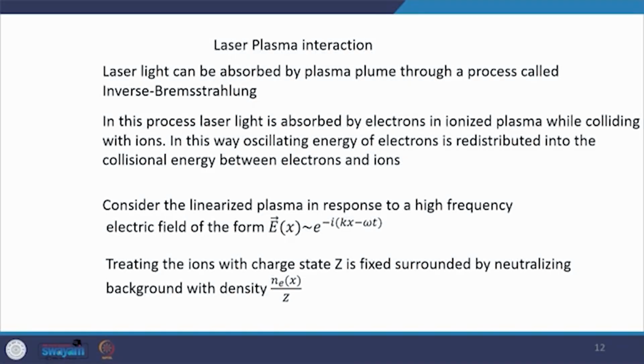Now we consider a linearized plasma responding to a high-frequency electric field of the form e to the power i(kx minus omega t). We consider ions with charge state Z, surrounded by a neutralizing background with density Ne by Z, where Ne is the density of the electrons.